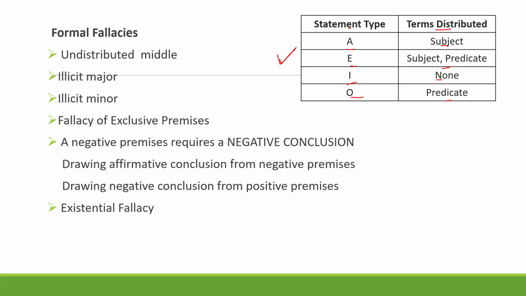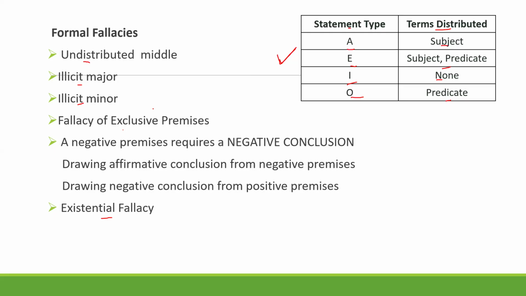Okay, so first we have the types: undistributed middle, illicit major, illicit minor, fallacy of exclusive premises, a negative premise requires a negative conclusion, drawing an affirmative conclusion from negative premises, drawing a negative conclusion from positive premises, and existential fallacy. So these are the terms we are going to see in the formal fallacies. Now we can watch them one by one.